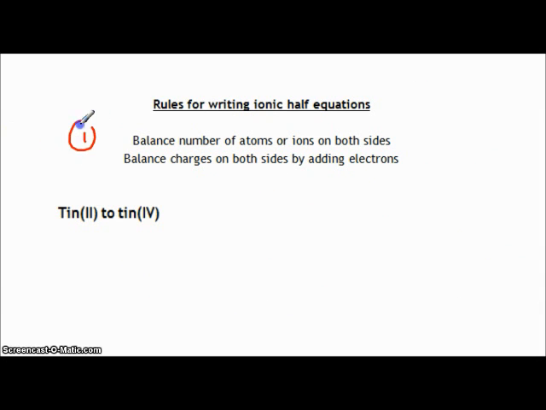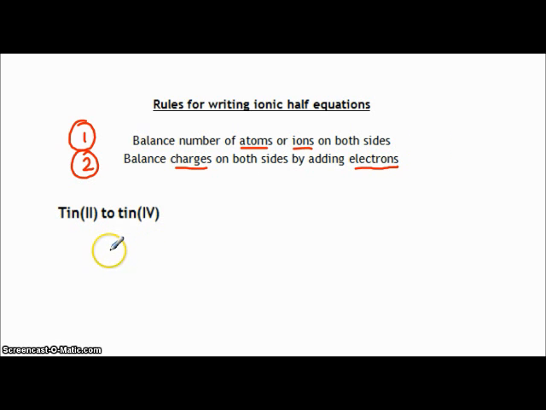The first rule here is to balance the number of atoms or ions on both sides by simply using balancing numbers. And secondly, once we've done that, we then balance the charges on either side by adding electrons as appropriate. Now there are a couple more rules for half equations that become slightly more complex, but for our work at the moment, those two will suffice.